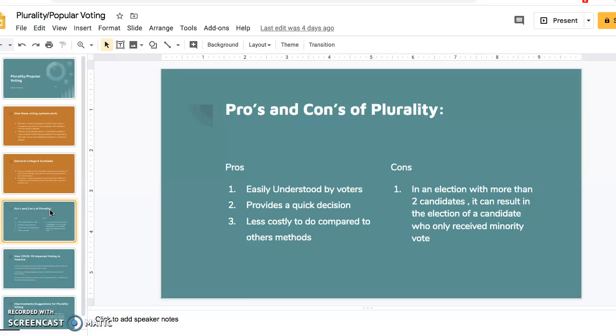You may not like the front runner and you may have a favorite, but you vote for the front runner just because they're the front runner. So it makes you not vote for who is your favorite, because your favorite may not be winning. So by you only having one vote, it kind of puts you in a weird position.